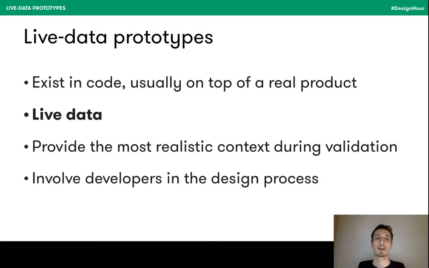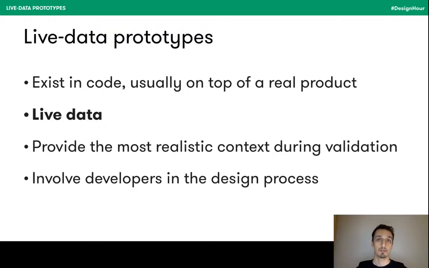I'm going to talk about what that means in a second. And because they do use live data, they provide the most realistic context during validation. And that, I think, is really important to note, because the best use case, I believe, for live data prototypes is when you need to validate something with users. It's not really to prototype some cool interaction or something.